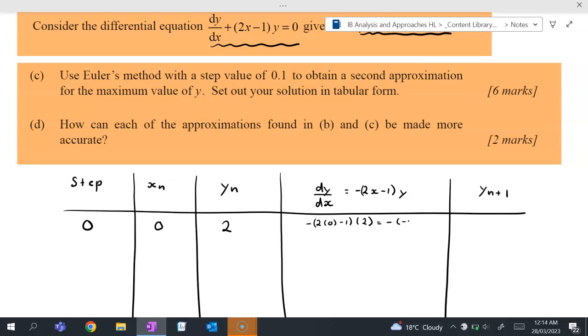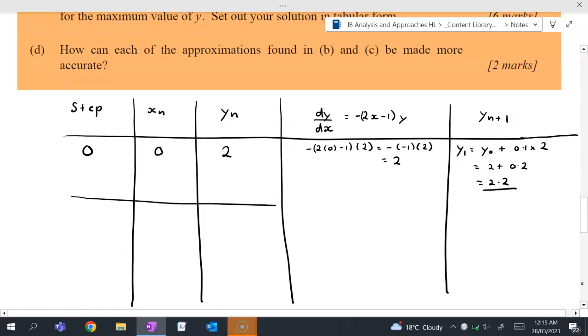So it'll be minus 1 times 2, so it'll be 2. So the slope of the tangent when x is 0 is 2. Using that to get yn plus 1, y1 will be y0 plus the step value times the derivative, which is 2. y0 is 2, so it's 2 plus 0.2, which is 2.2.